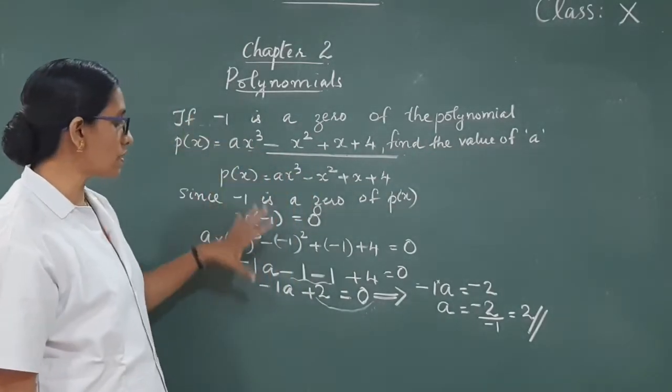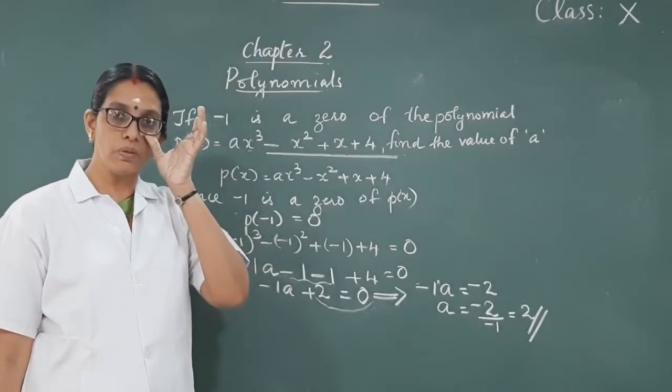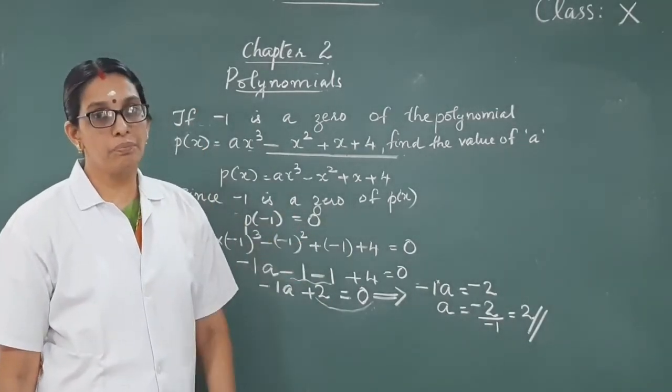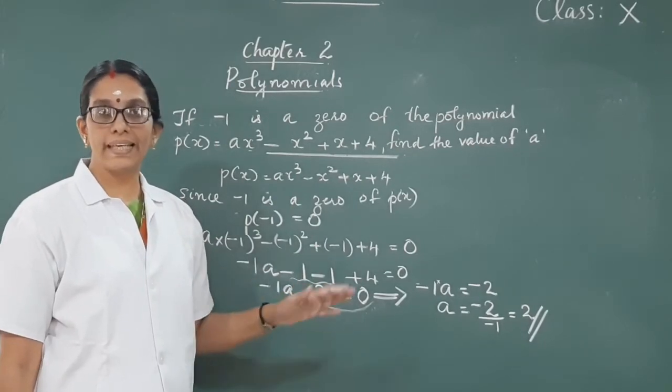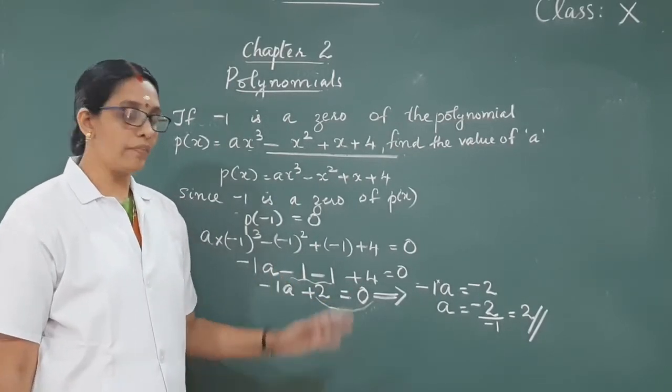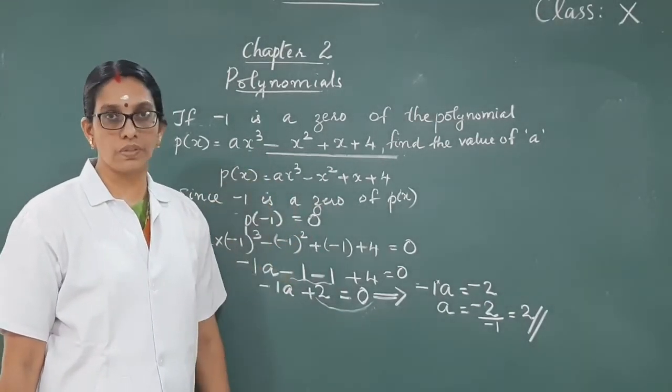So this type of question you have to practice more. It may come in the board examination question paper. It is not there in your textbook, so you have to practice from any other source.